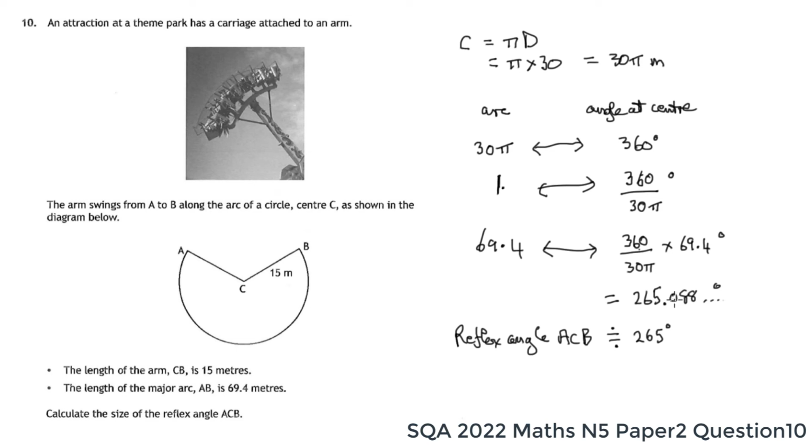We're chopping a 0 off so we don't need to round it up. 265 degrees. That's the size of this reflex angle ACB, the angle that's bigger than 180 and it stands in this major arc AB, which is length 69.4.